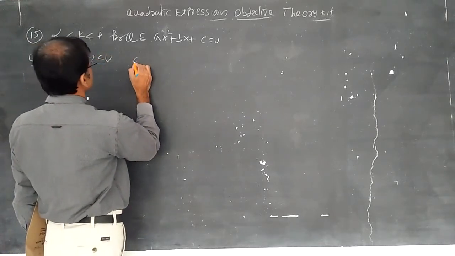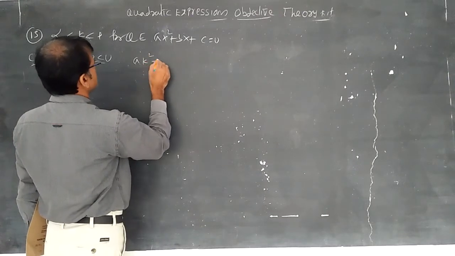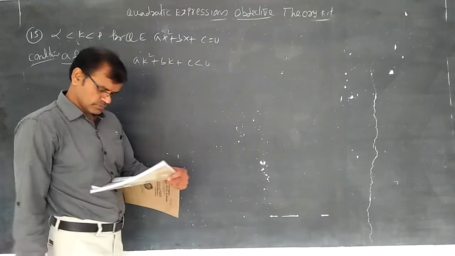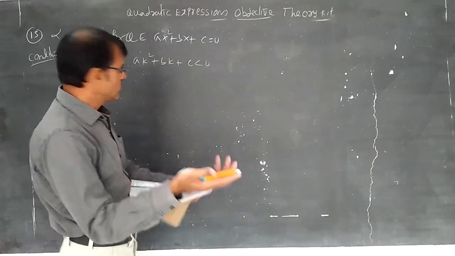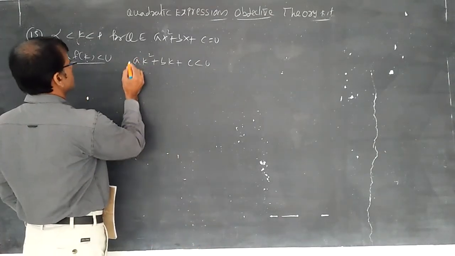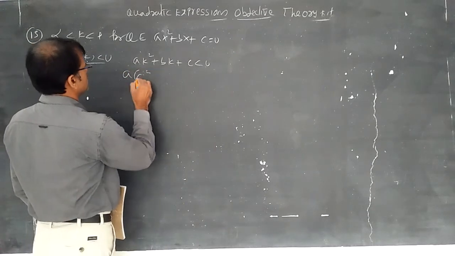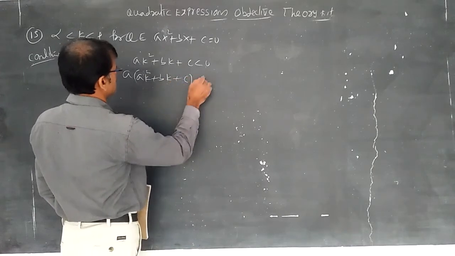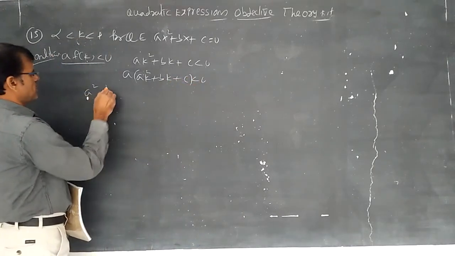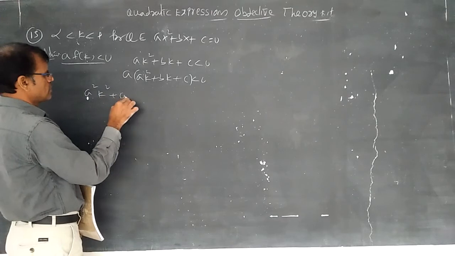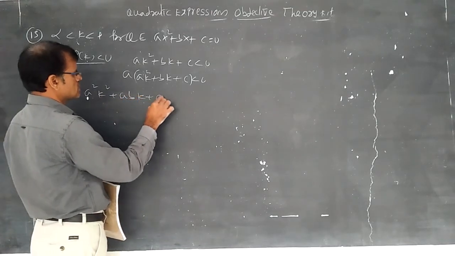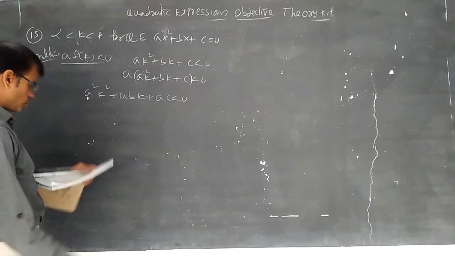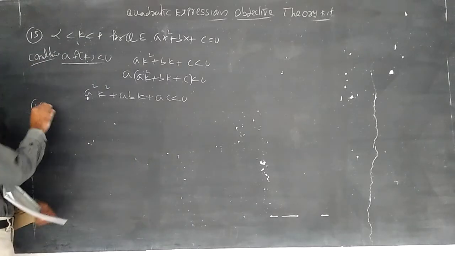Simply substitute: a into (ak square plus bk plus c) less than 0. Multiply and write a square k square plus abk plus ac less than 0. Option is 4th. Next is 16th question.